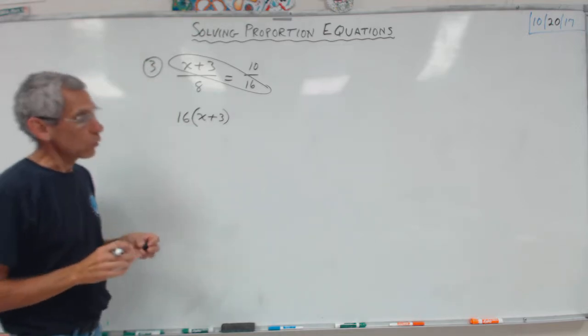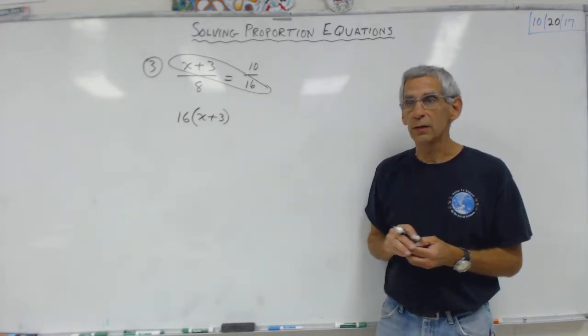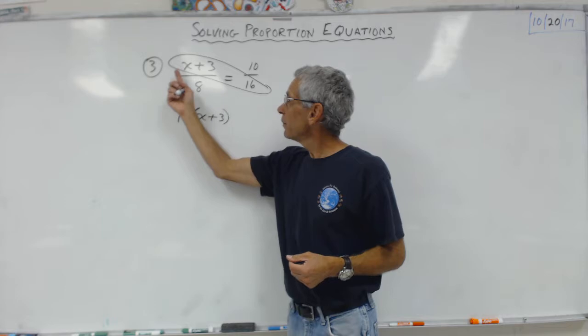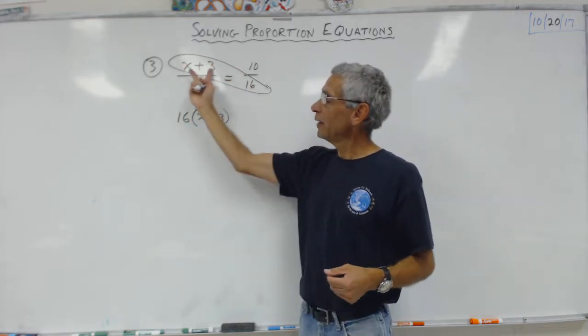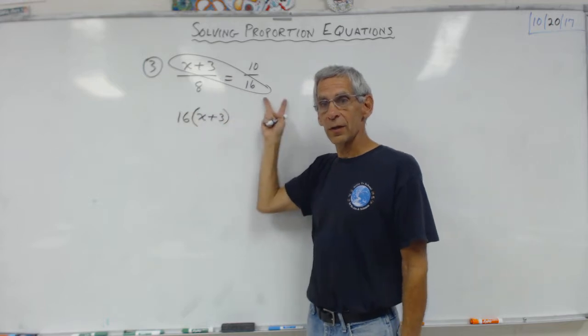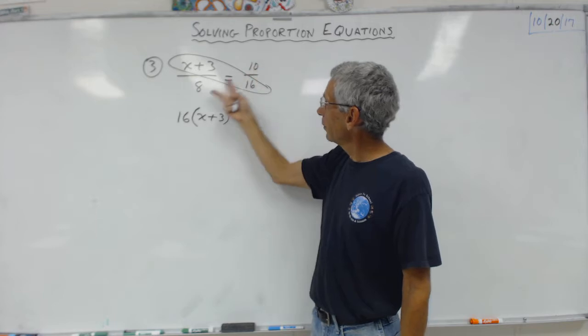And so what we're going to do is use a method called cross multiply, okay? I noticed that I have x's here. If I did this cross, it's going to be the numerator times the denominator, and then equals the numerator times the denominator.